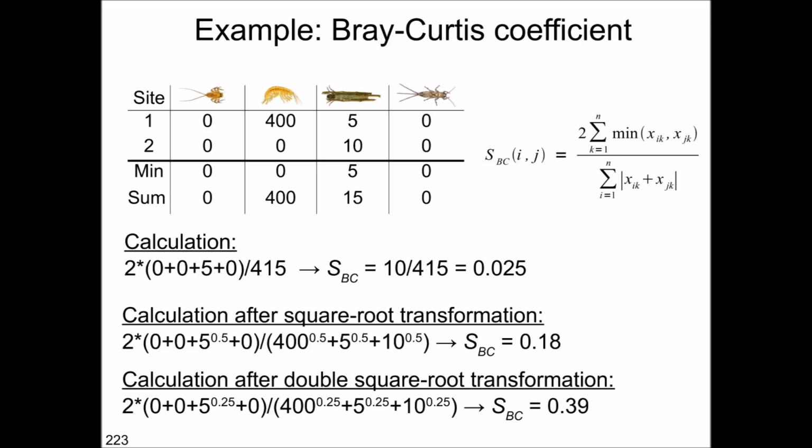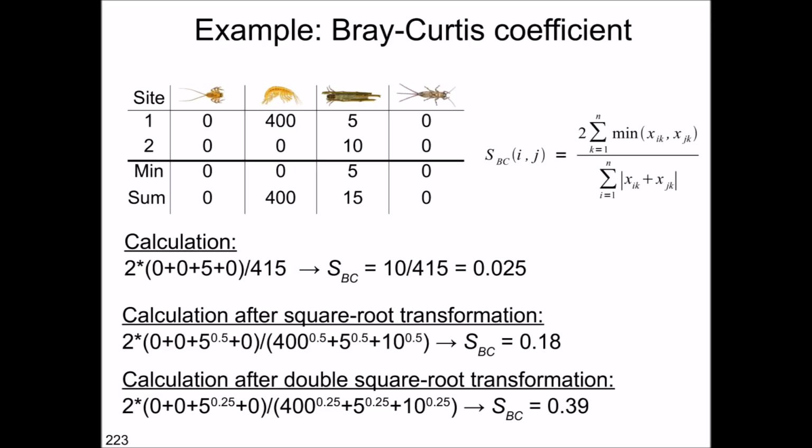If you square root transform the data, the Bray-Curtis similarity increases to almost 0.2, and if we double square root transform the data, then we arrive at a Bray-Curtis similarity of 0.4.